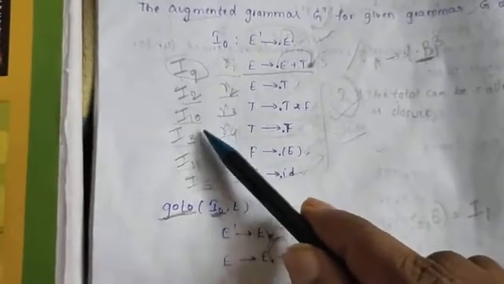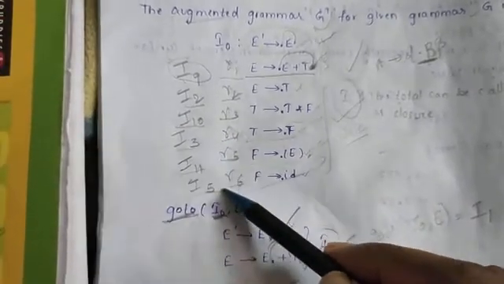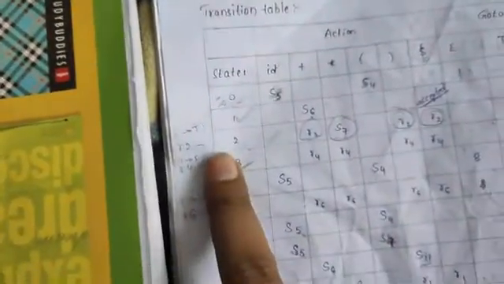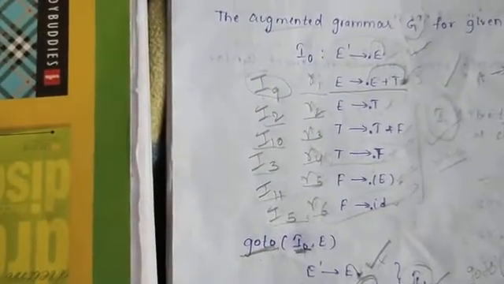You need to check here. So first one I9, I2, I10, I3, I11, I5. First one R1 here in 9. Second one R2 in 2. Next one R3 in 10. In the 10 line R3 will be there.